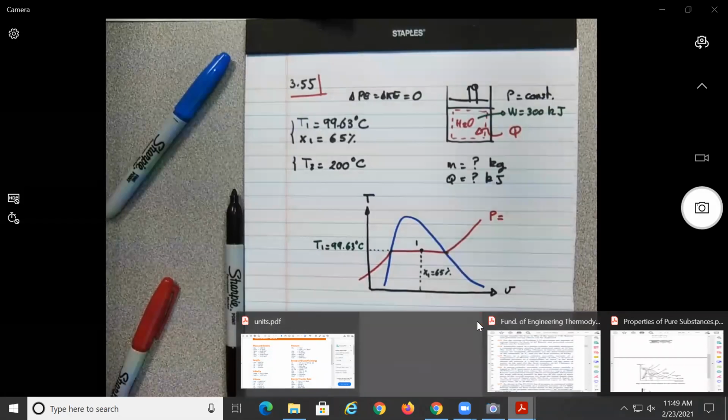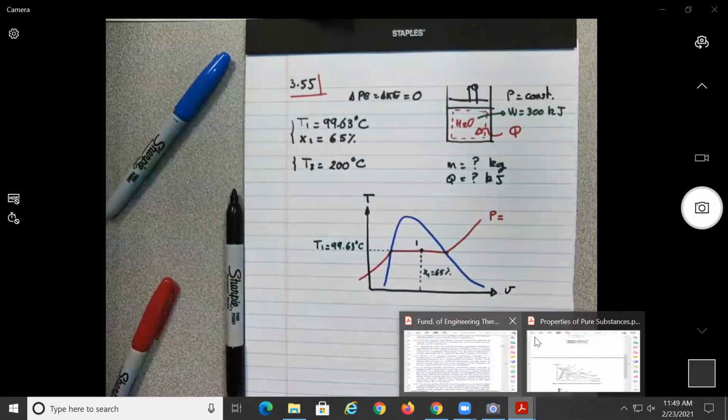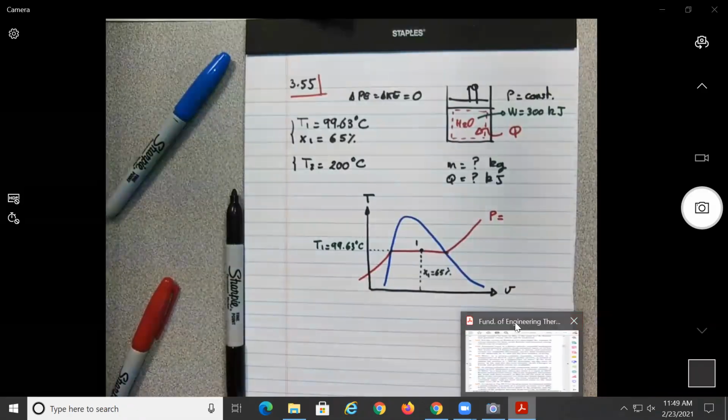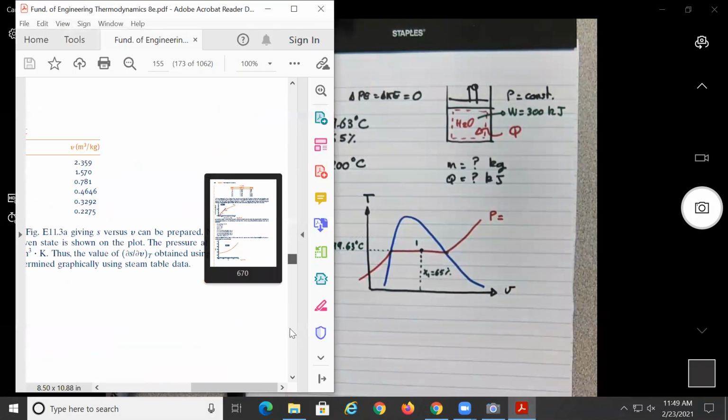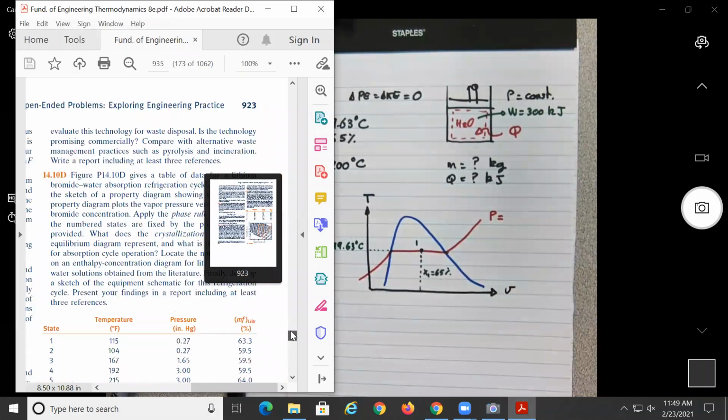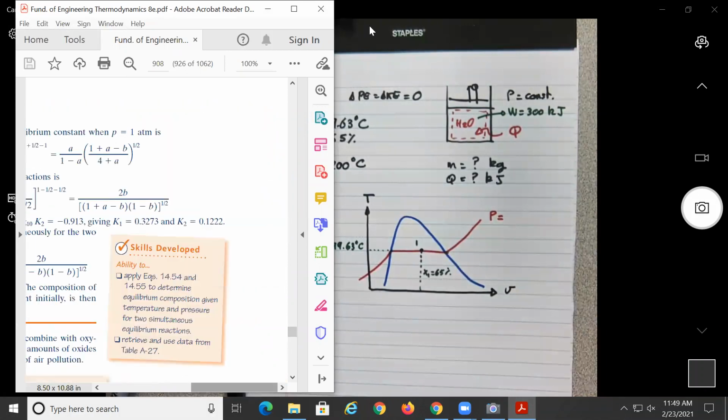So let me close this one. Close this one. All right, let's come here. Let's go back to the tables. Okay, let's see, the top stuff on top disappears.